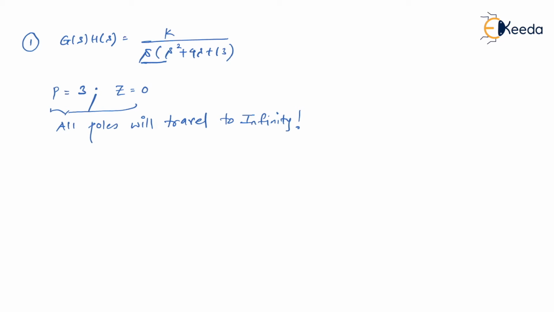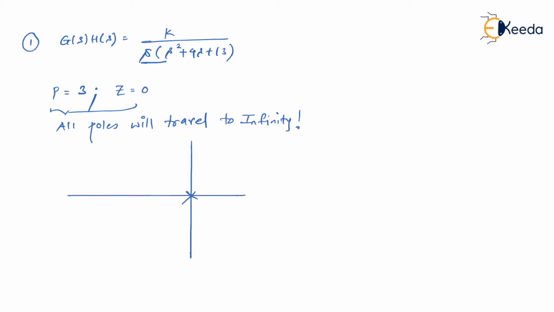So once you have poles and zeros, you can actually plot a pole zero plot in order to get a rough idea how the root locus will go about. So when you equate this denominator to 0, one of the poles that you will see is present at origin, and s square plus 4s plus 13, if you equate it to 0, then it will give you complex conjugate poles.